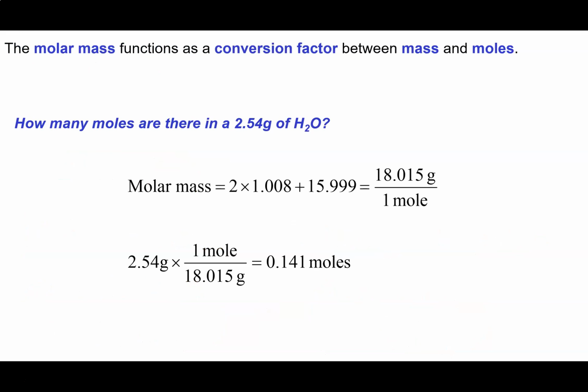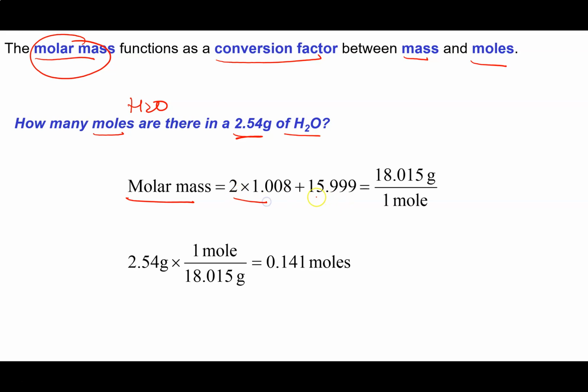So we've already talked about how molar mass functions as a conversion factor between mass and moles. And we gave a couple of example problems. We gave this one here where we said how many moles are there, and we pointed out that it's moles of water that we're talking about here, in 2.5 grams of water. So knowing that molar mass functions as the conversion factor in this case, I'm going to go ahead and calculate the molar mass.